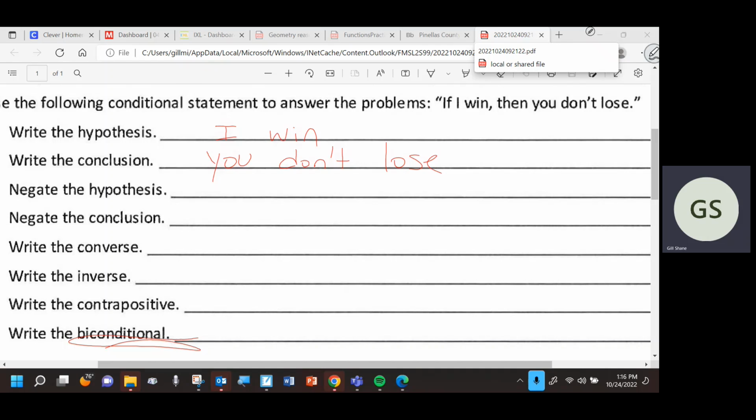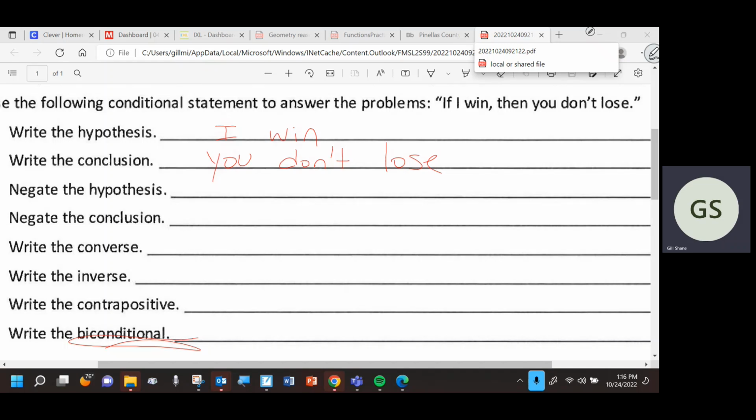So I want to negate the hypothesis. What in the world do I do? Negate the hypothesis. What's negate mean? You've already done it, girl. Jasmine, how do I negate the hypothesis?